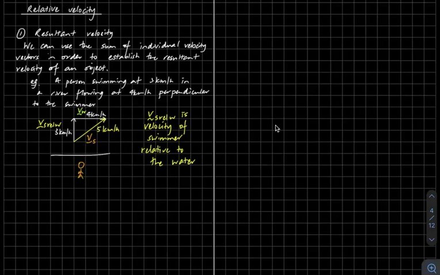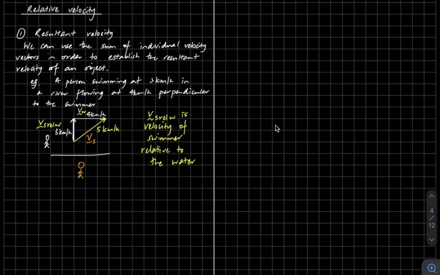Another way of thinking about that is to say, and this is probably a little bit hard to picture, but if there could be someone else, this is like the train analogy, if there was someone else who was just floating along in a boat in the water beside you, then to them it would appear like you are swimming at 3 kilometers an hour directly across the river.